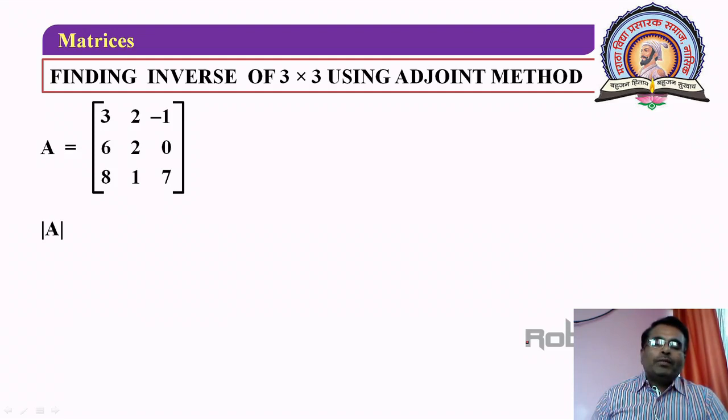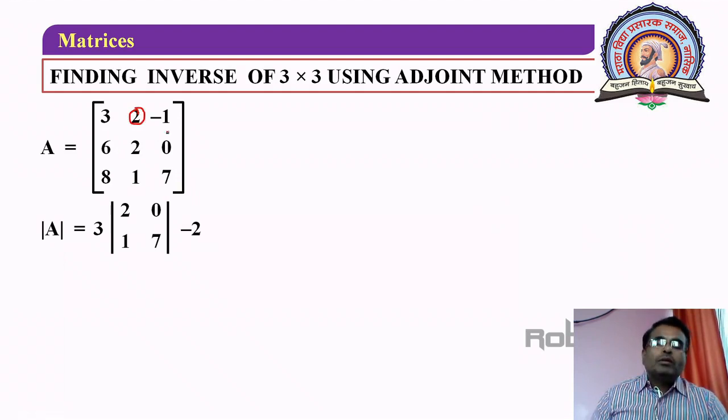Now the determinant of A, if you consider, is 3 into the determinant of 2, 0, 1, 7, isn't it? Then the second term will come with a negative sign, so minus 2 into the determinant of 6, 0, 8, 7.